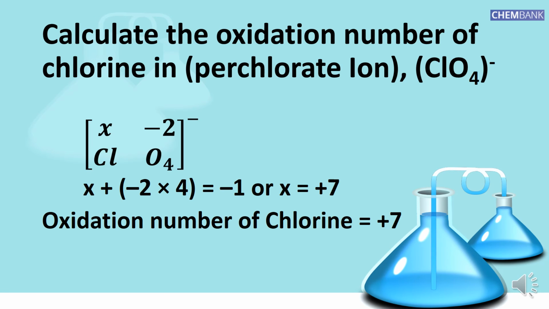So X plus -2 into 4, where -2 is the oxidation state of oxygen and there are 4 oxygen atoms, will be equal to -1, and you can calculate X as +7. The oxidation state of chlorine in perchlorate ion is +7.